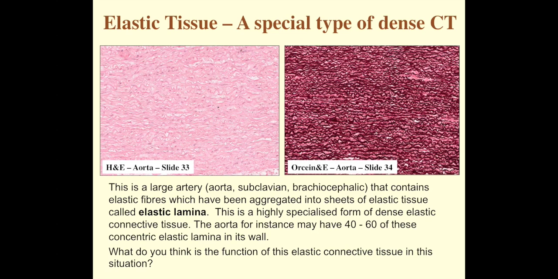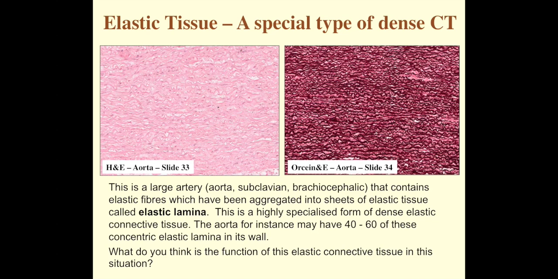When the heart contracts, the blood leaves the heart and enters these blood vessels, and because they have all these elastic lamina, they're able to expand to accommodate that blood volume, and then because of the natural structure of the elastin, they naturally recoil. It doesn't require any energy, it's just a feature of their structure, like a stretched rubber band that recoils.